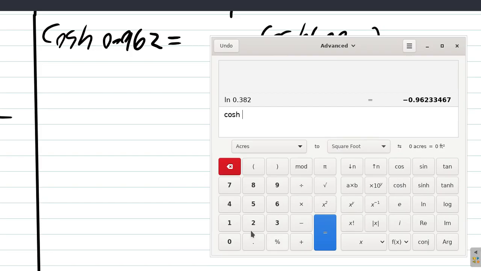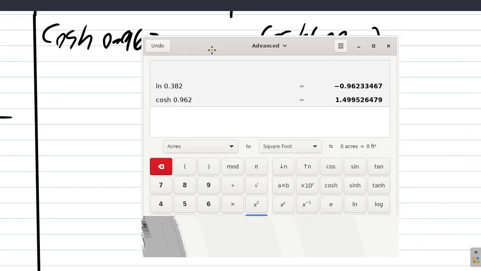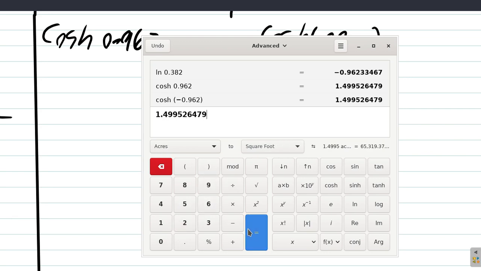Cosh 0.962 equal, we get 1.5 here, no problem. Now let's see what's going to happen over here. Cosh of negative 0.962 equal, we get the same thing.